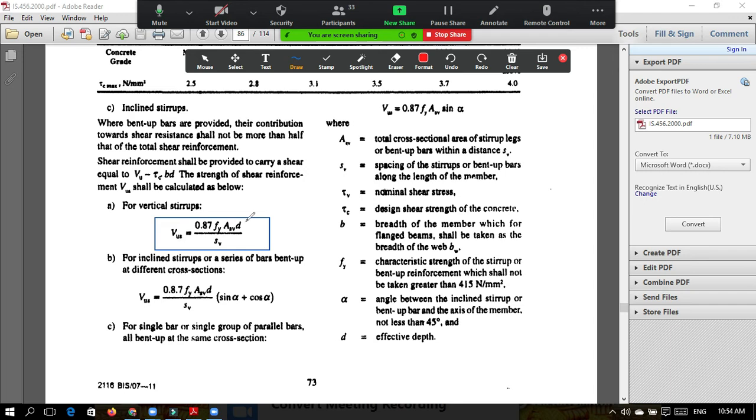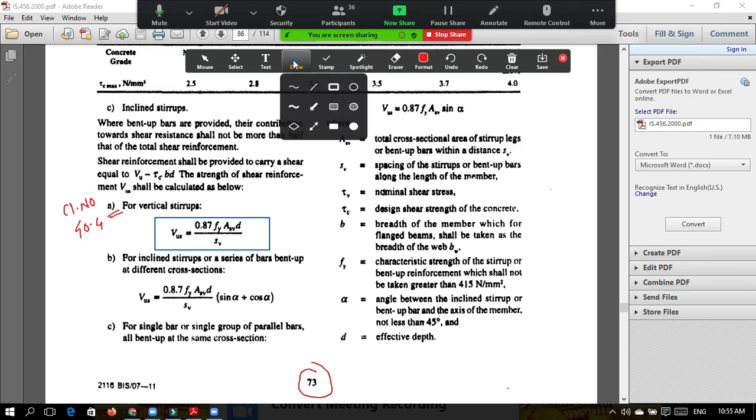This formula is given on page number 73, clause number 40.4a. Write it down. There is no need to learn the formula by heart, it is there in the IS code.